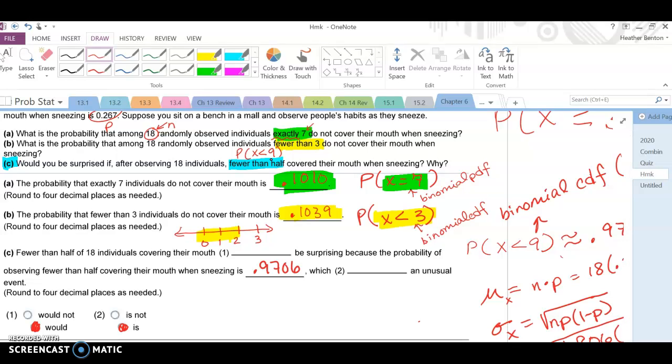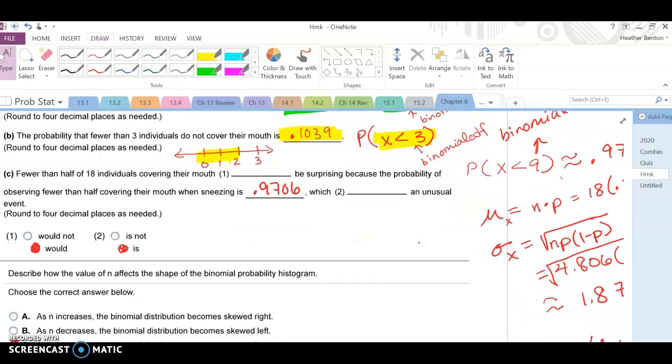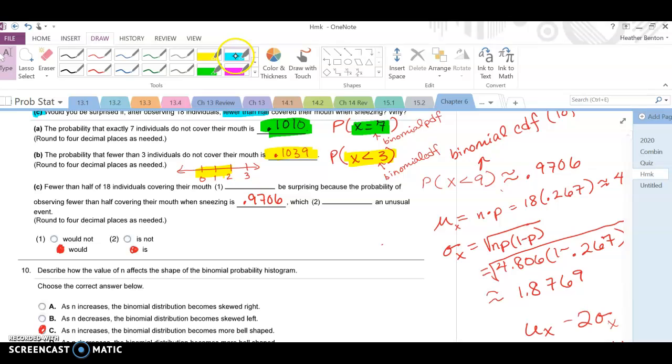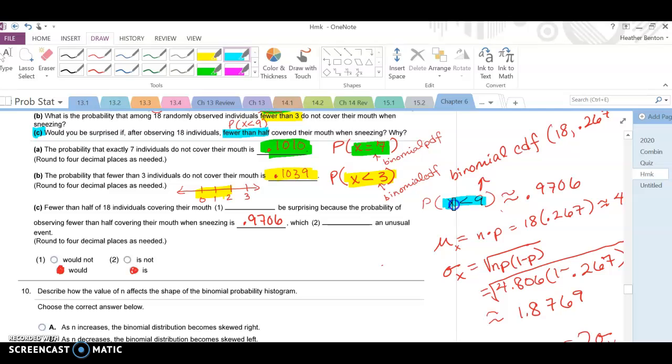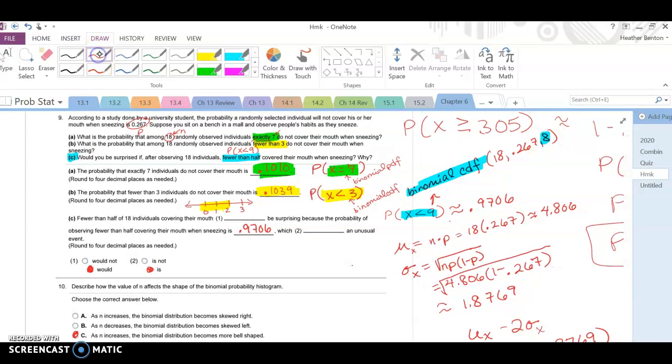So when you look down at the problem more specifically in part C, we're finding the probability of less than 9, which we know is the binomial CDF. Again, we know that this number is always one less than that 9 because we're going everything less than 9. So the next lowest integer would be 8. And so this is what we're entering in our calculator.